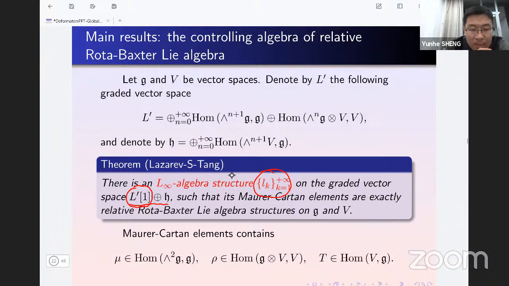Then we consider Maurer-Cartan elements. By definition, they are elements in degree 0, so we analyze what the elements in degree 0 are.